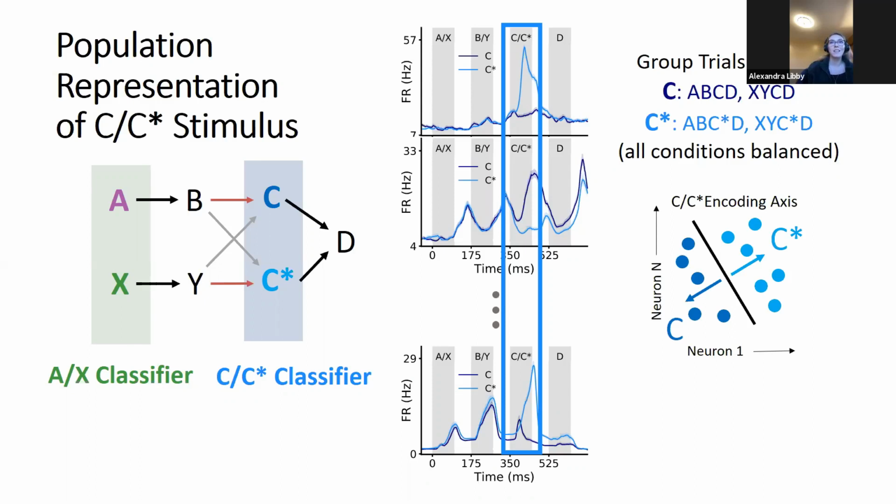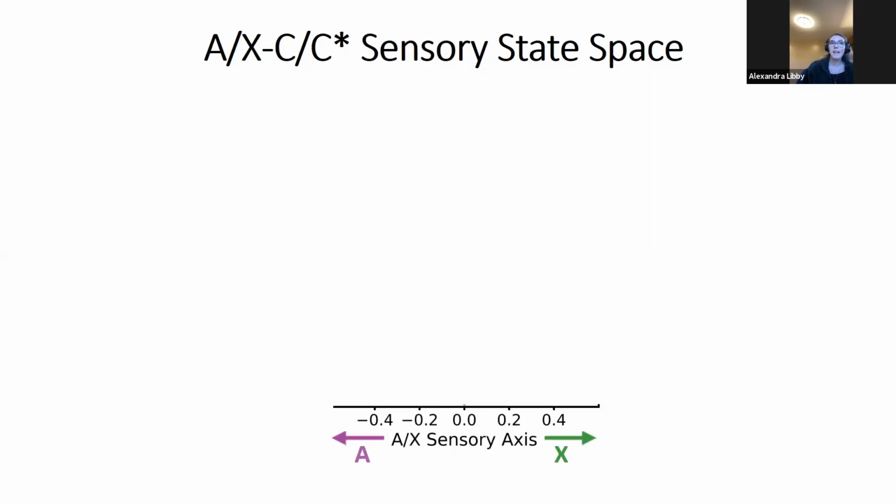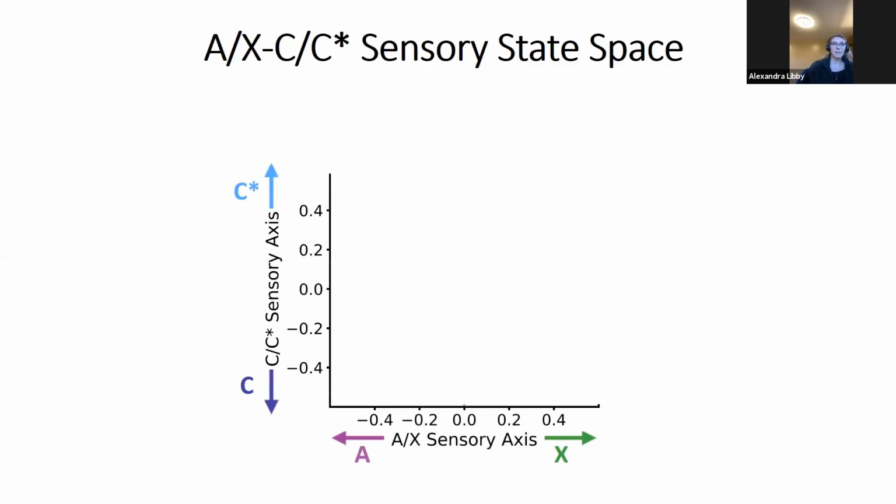And so the question is, does it represent the predictions or the associations between those sounds? So what I'm going to show you next is projections of the ND activity into a state space defined by the AX sensory axis and the C/C prime axis.